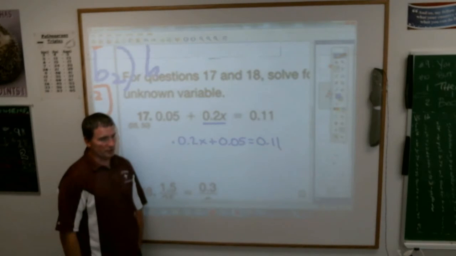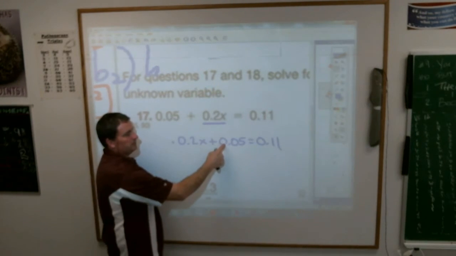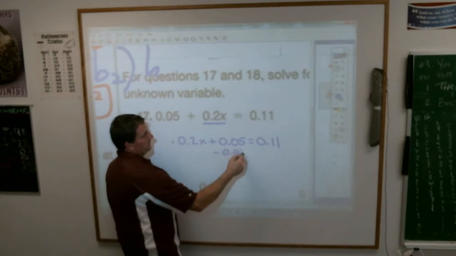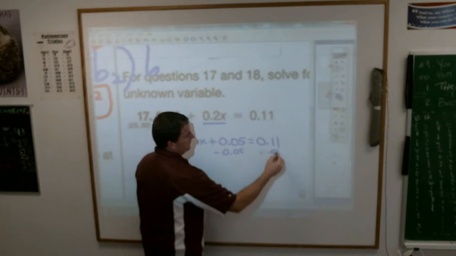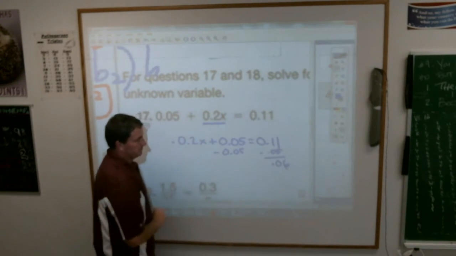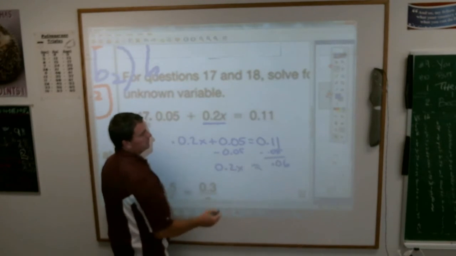What should you get rid of first? Yes, you always get rid of the thing that doesn't have the x in it. You do the opposite, you subtract 0.05. Subtracting 0.05 gives me 0.06. And now I have 0.2x equals that.